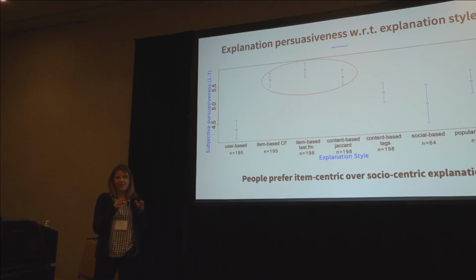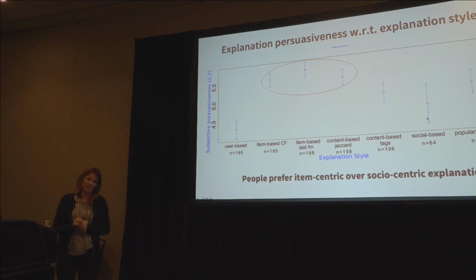If they didn't have 10 artists, they couldn't continue with the study, but we didn't check on the friends. So we got many users that didn't have friends. This is one of the issues with Amazon Mechanical Turk studies. But of course, your note is very interesting, and it's very good to work on it in the future.